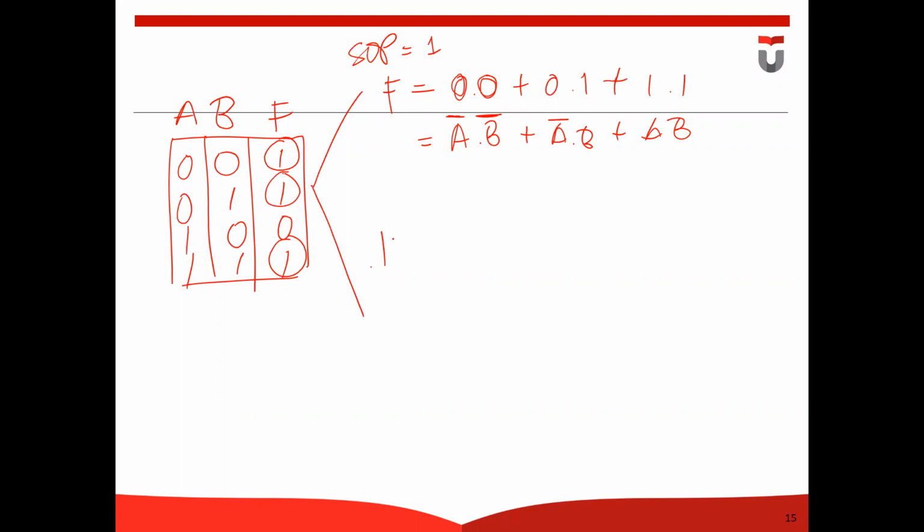And how about POS? POS tries to find 0. And this is the only 0, which is 1 plus 0.